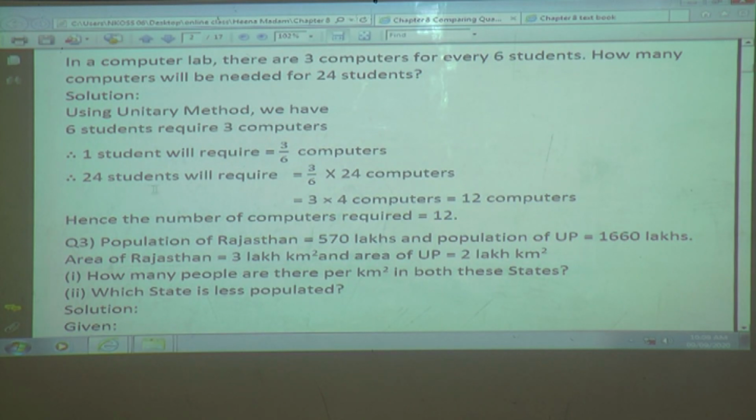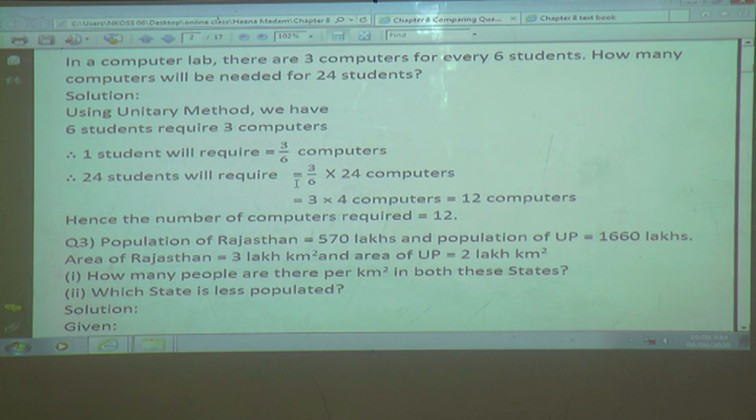Therefore, 24 students will require 3 upon 6 multiplied by 24, because there are 24 students. So we have to find the number of computers required for 24 students, so we do 3 upon 6 multiplied by 24.